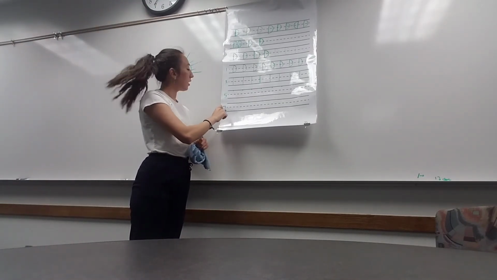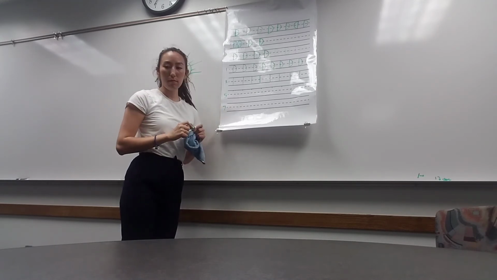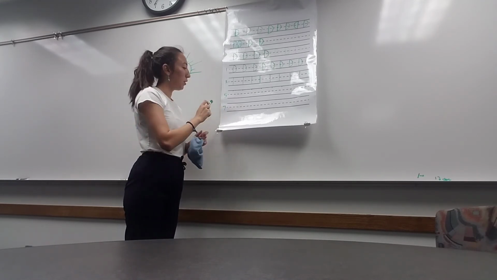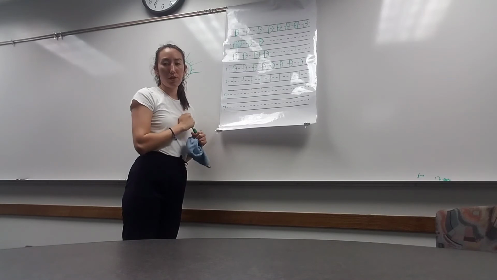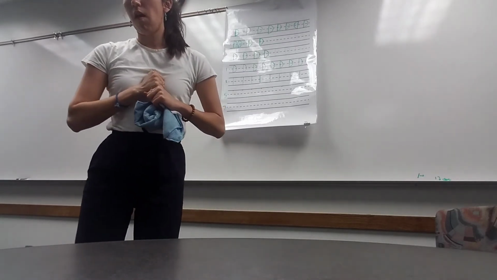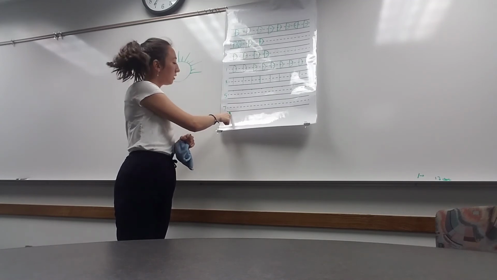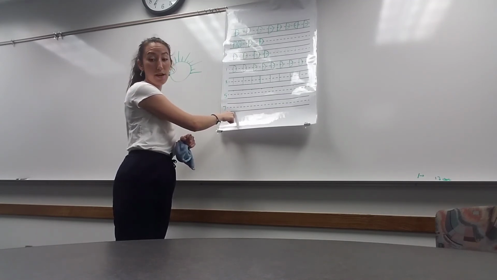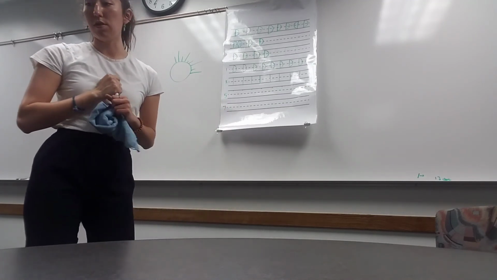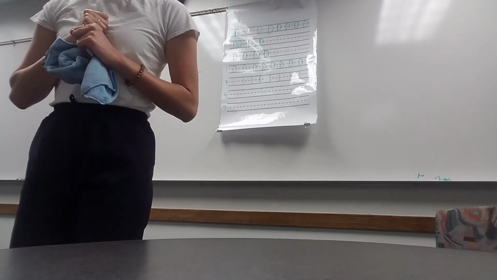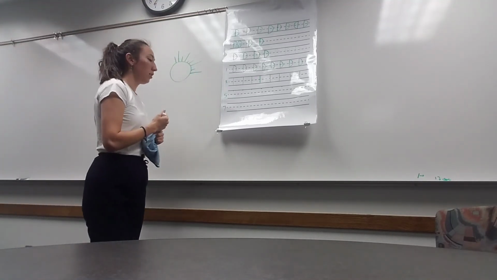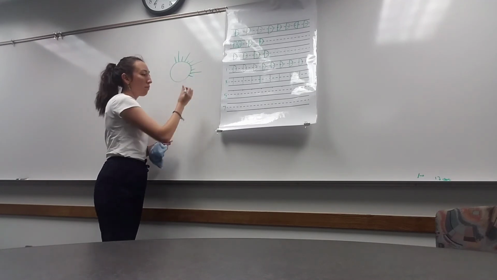Wonderful. Now let's move to line 7. I want you to put your pencil on the place where you start the uppercase D. Recite and write. Write, recite, and name uppercase D, the first one on line 7. I love how you're following directions.